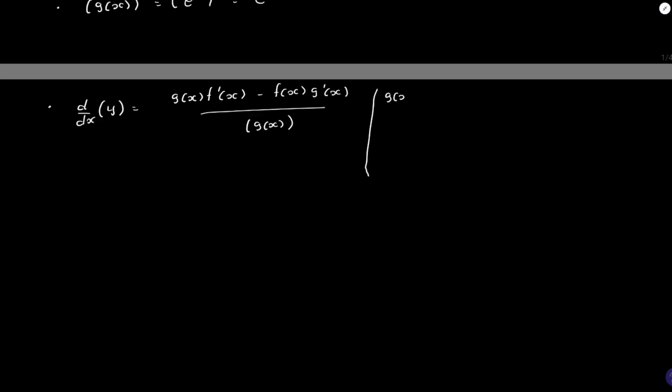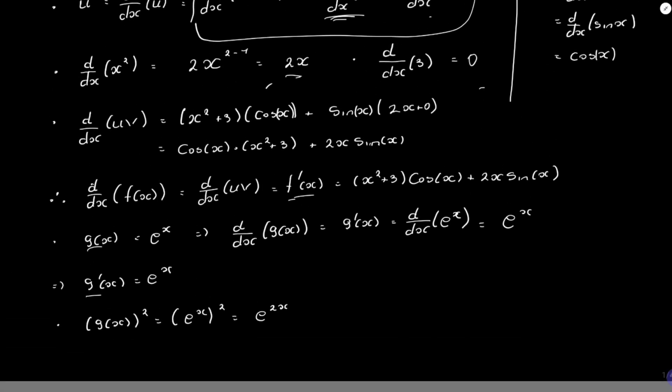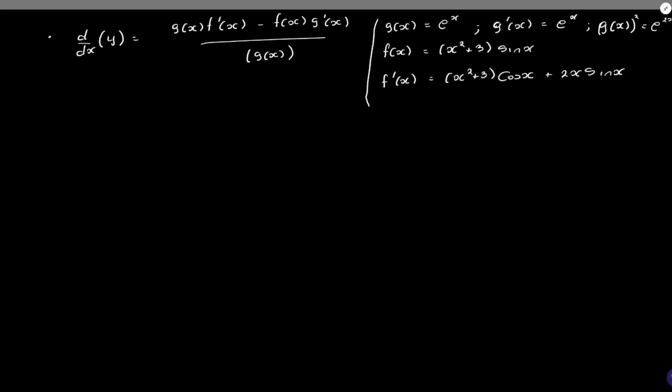Let's rewrite our functions. We notice that g of x is the function e^x, g prime of x is e to the x, g of x all that squared is the function e to the 2x, f of x is the function x squared plus 3 times sine of x, and f prime of x is the function (x squared plus 3) cos of x plus 2x sine of x.